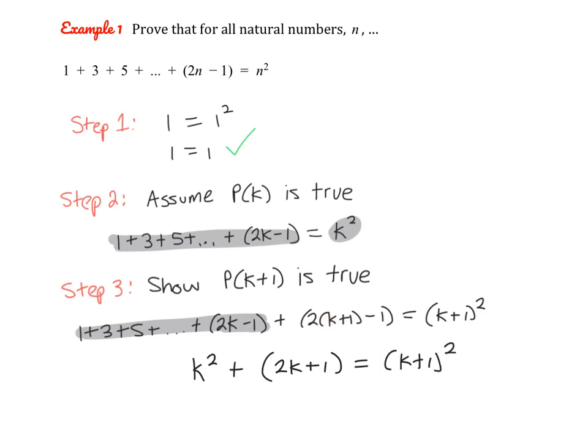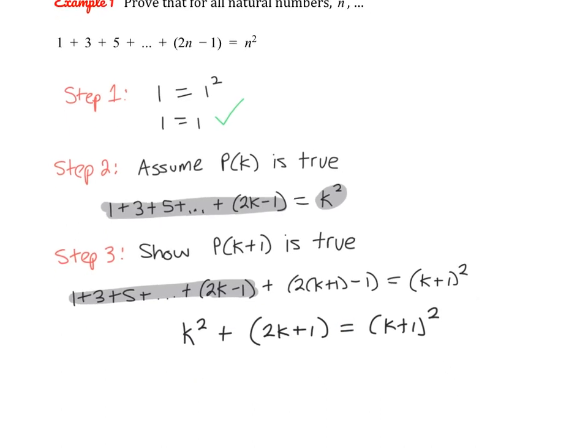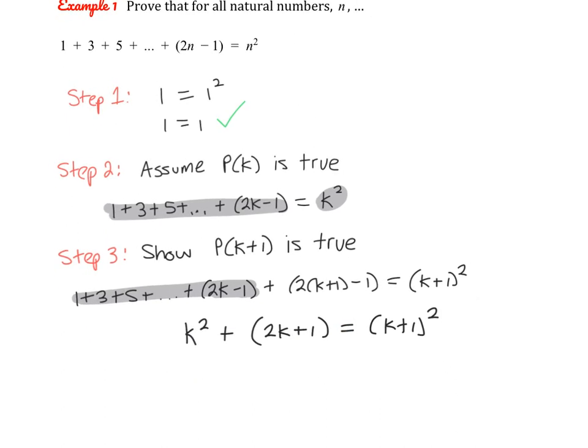And here I just distributed and combined like terms. So now we just have to prove that this is true. You'll notice that this is just a trinomial that can actually be factored into k plus 1 squared. And then we show that it is equal to k plus 1 squared.